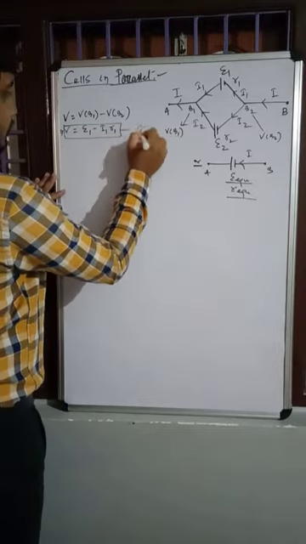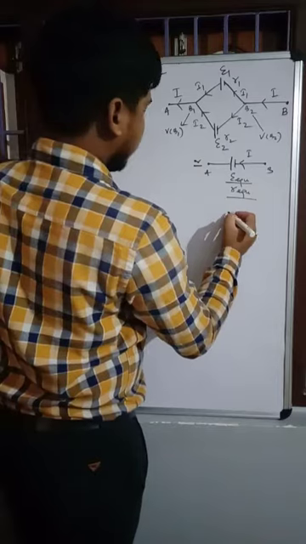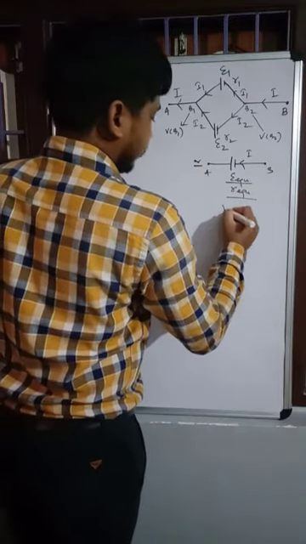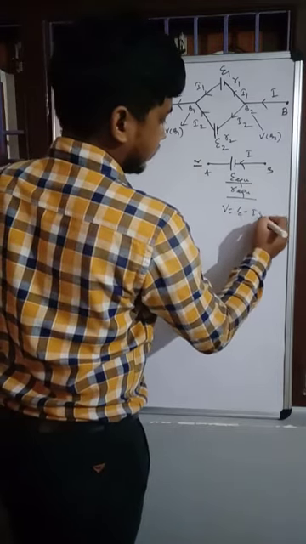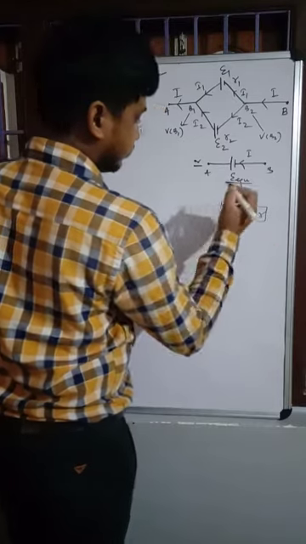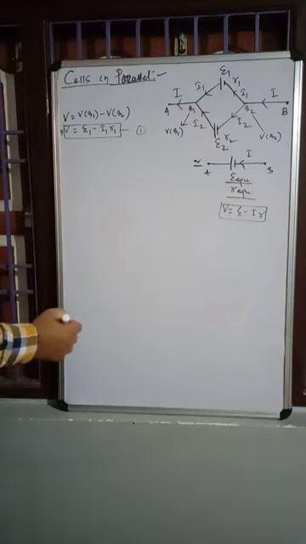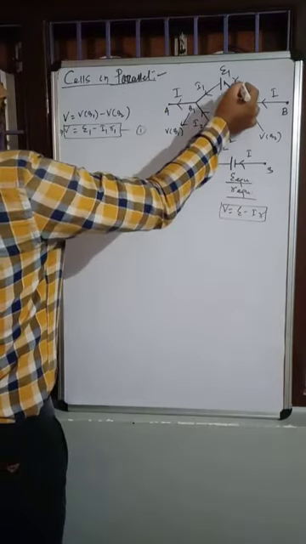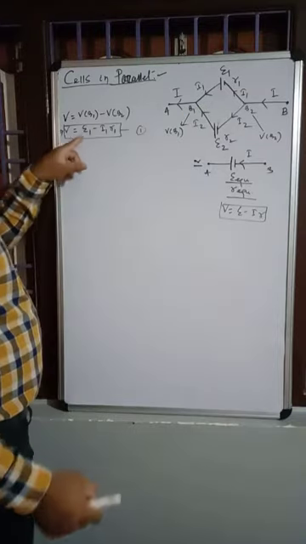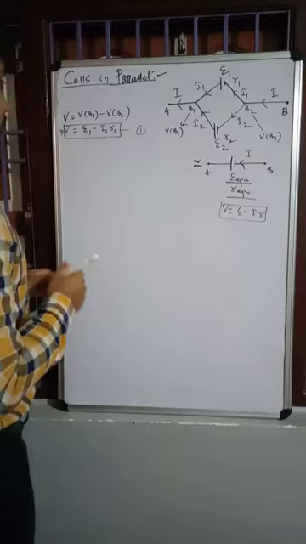Let it be equation number 1. We have to remember this relation, V equal to E minus IR. In the first cell, the current flowing is I1, the internal resistance is R1 and the EMF is E1. So V equals E1 minus I1 R1.